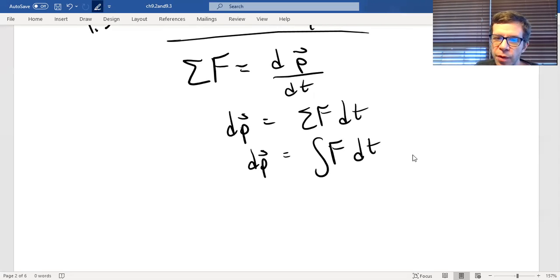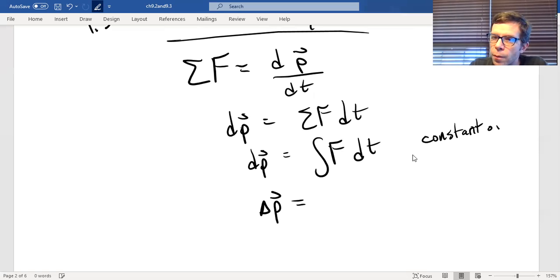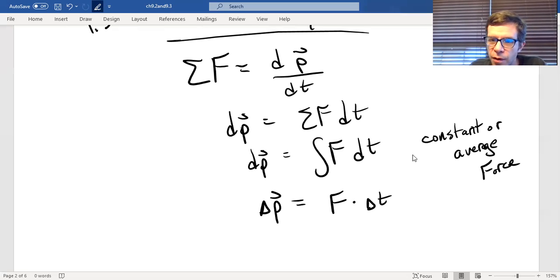All right, and if we actually perform this integral, then we get a delta p equal to, if we assume that we have a constant force or average force, then we can bring the F out of the integral, and we just end up with F delta t. I don't want it to look like a dot product, it's just times.